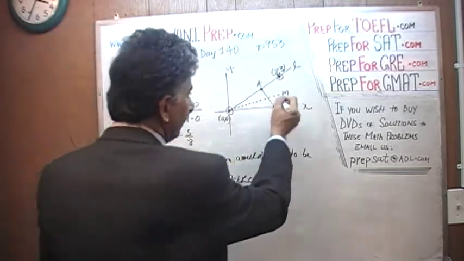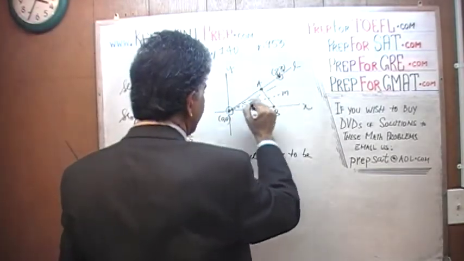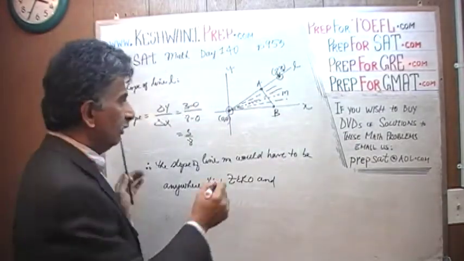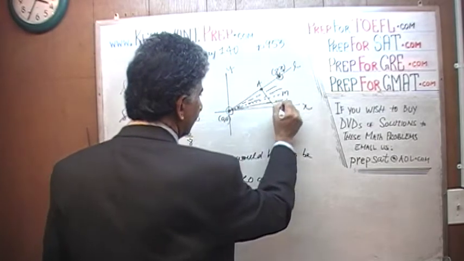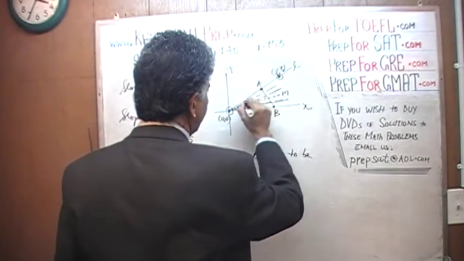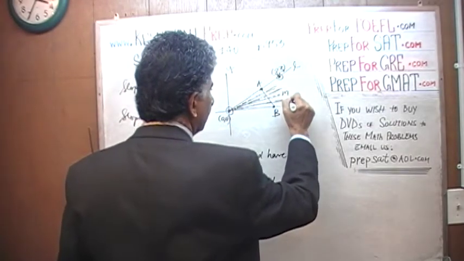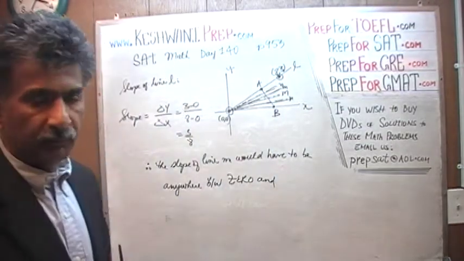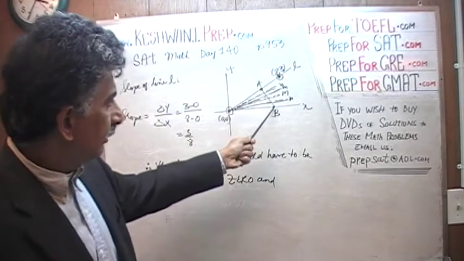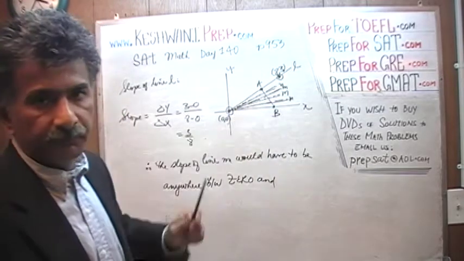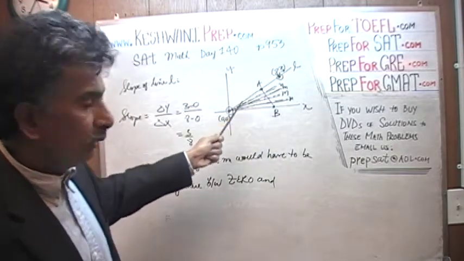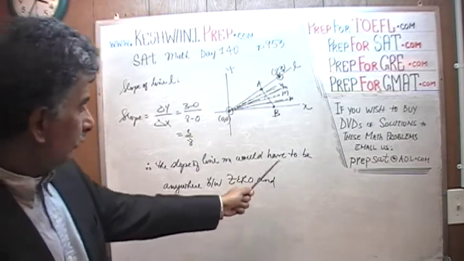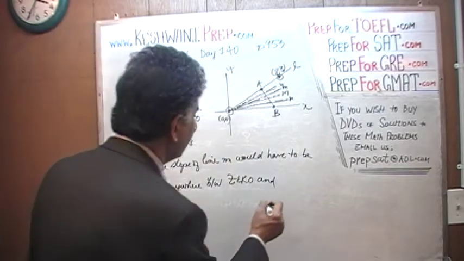But it could be, for example, this is one possibility, this is another possibility, this is one more possibility, there is one more possibility. All of these lines that we show here as line M have a slope that falls somewhere between 0 and 3/8, because they are all below line L. Therefore, the slope of line M would have to be anywhere between 0 and 3/8.